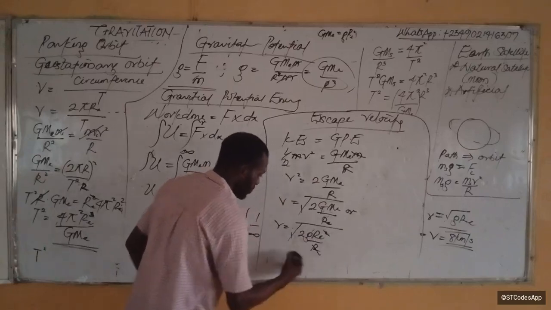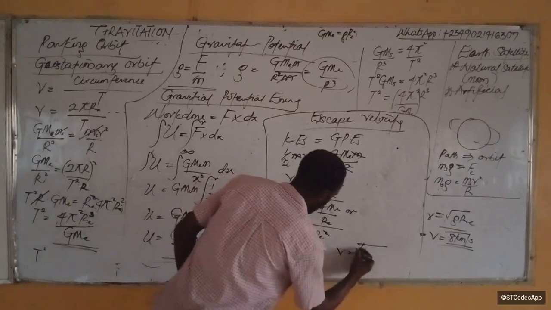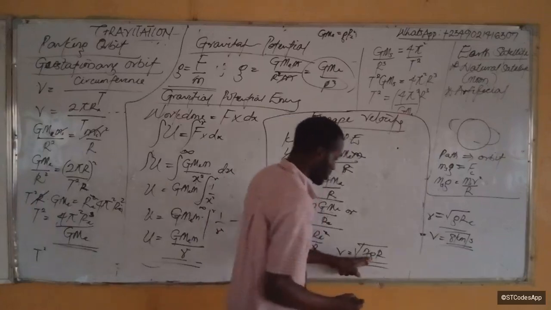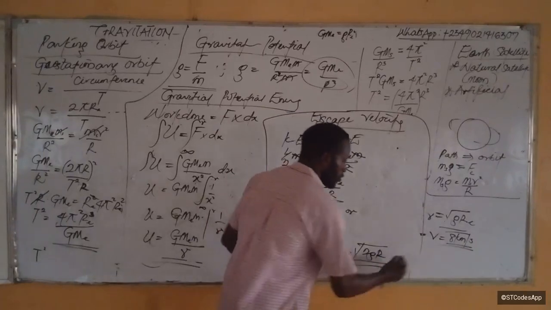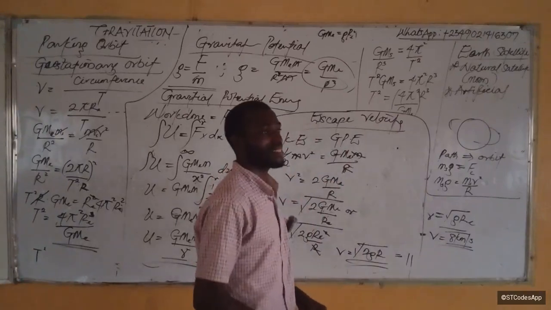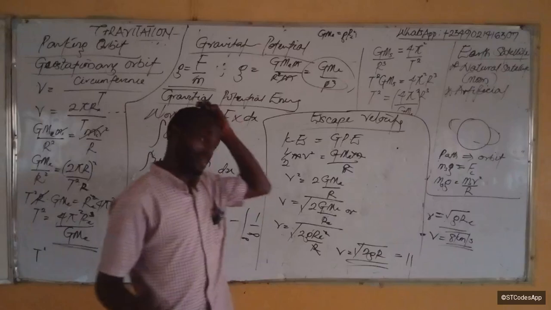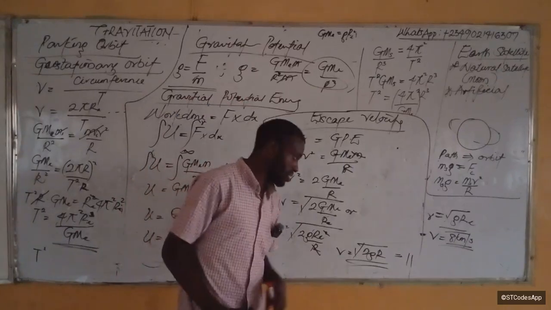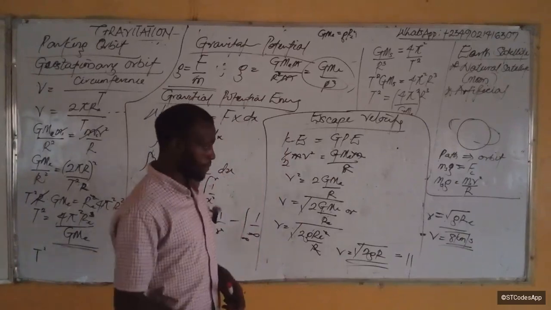So this takes care of this, and v will be equal to the square root of 2gR. By the time you calculate it, if you slot in the value of g and the value of R, you get 11 kilometers per second.